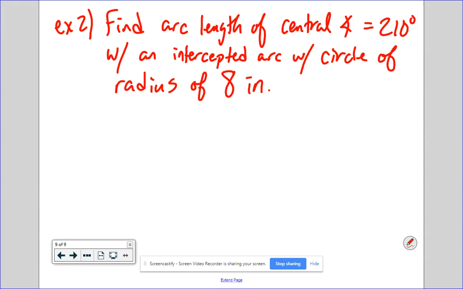So find the arc length of a central angle being 210 degrees with an intercepted arc of a circle with a radius of 8 inches.